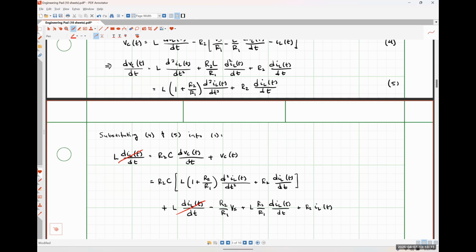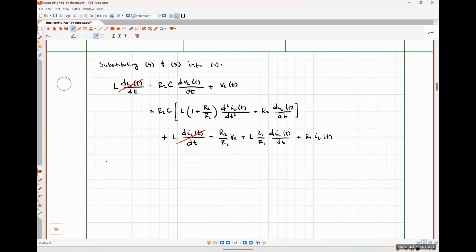What I'm going to do now is move that constant term of R2 over R1 times Vs to the other side of the equal sign. So I'll have R2 over R1 times Vs is equal to, and now I want just my second derivative term first.